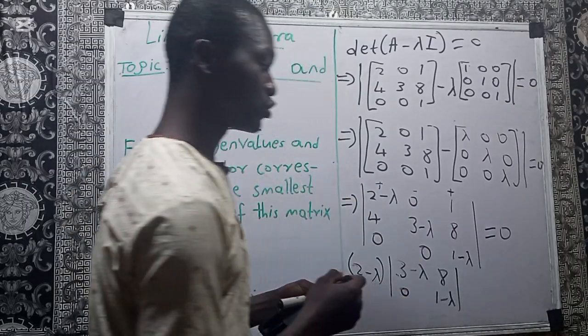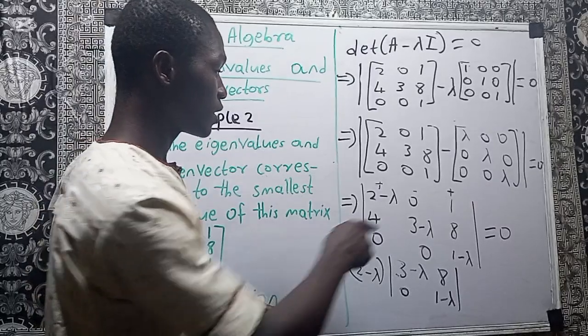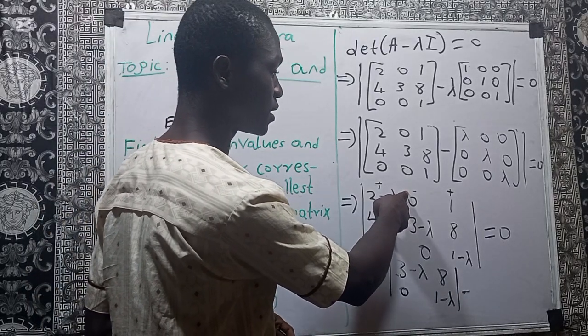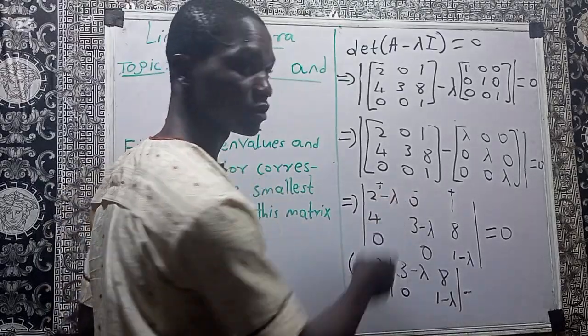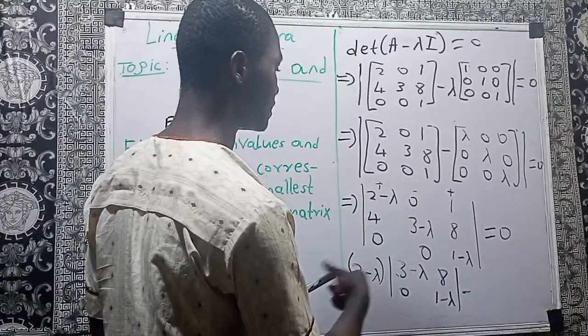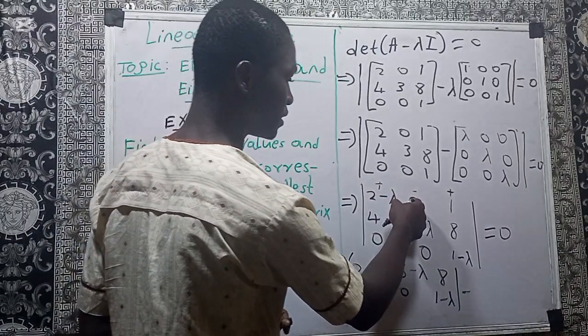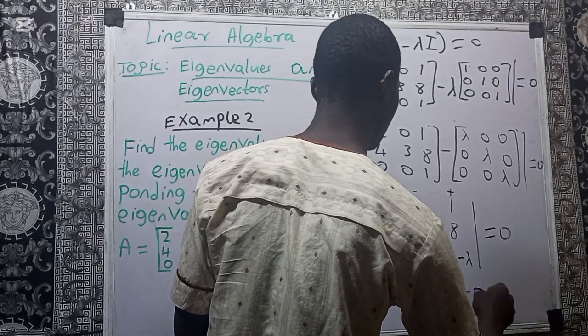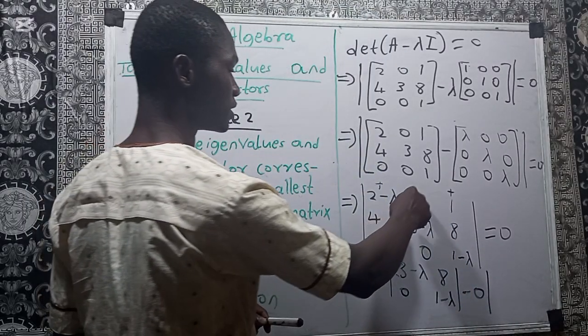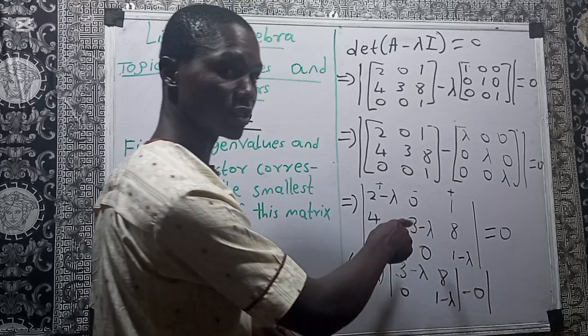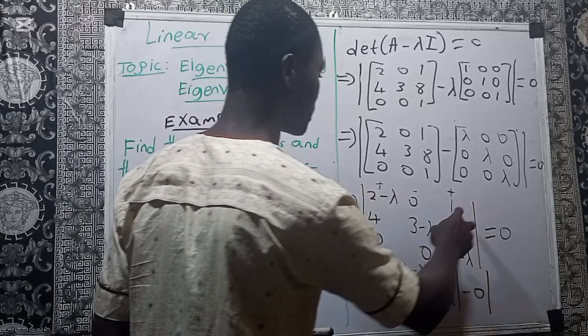Next, we go to the second entry of row 1, and the sign is negative. The entry there is 0, so negative 0 times the determinant of, and you close the row and column where this 0 appears.